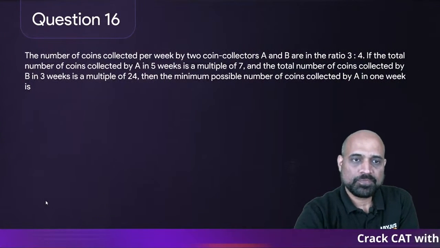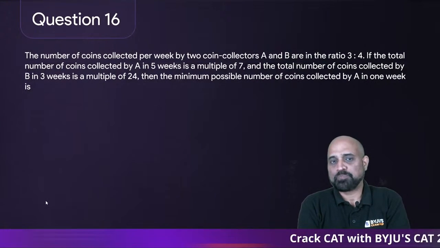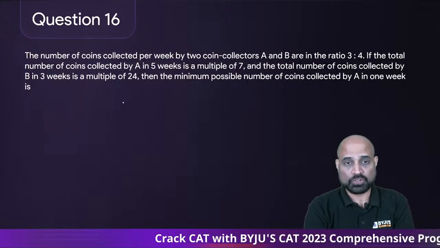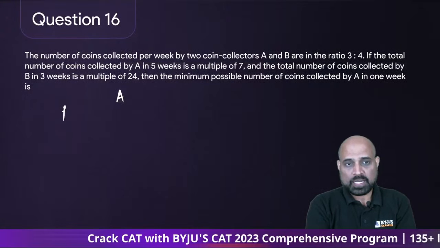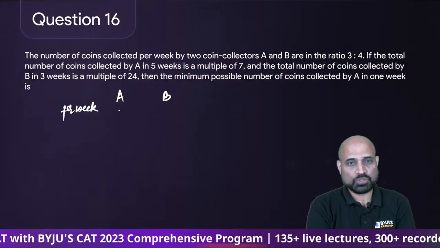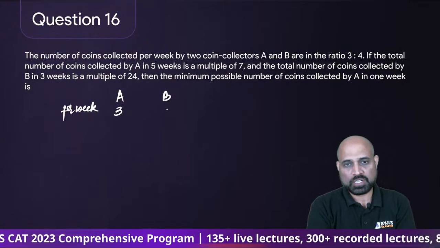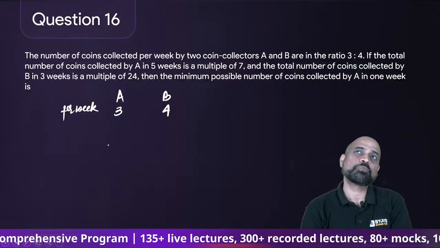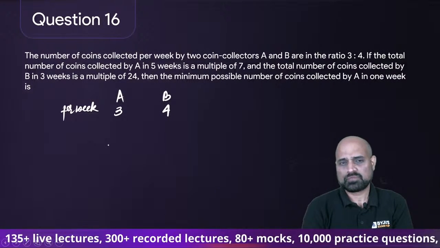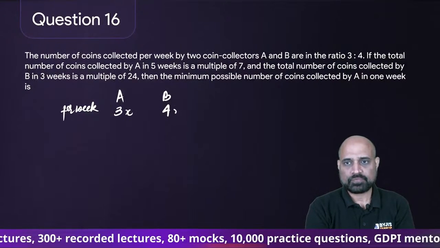Okay, next one. The number of coins collected per week by 2 coin collectors A and B are in the ratio 3:4. So अगर हम बात करें per week की, तो A and B they are in the ratio 3:4. So ये 3 करता है, ये 4 करता है. Should we bring in the multiplier? X लिखे, चलो लिख लेते हैं.